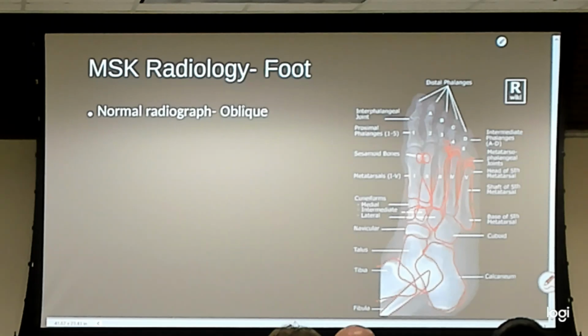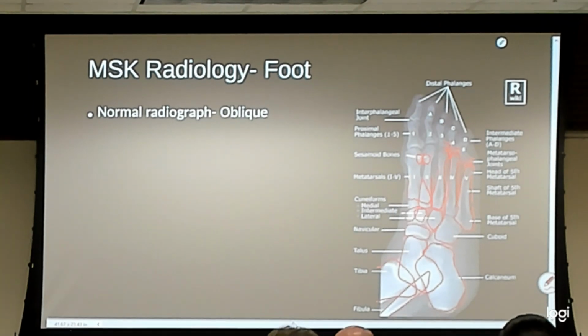There's a little more overlap than mine. It's still present. Just a second to take all this off. Finish up with the advanced imaging of the foot.